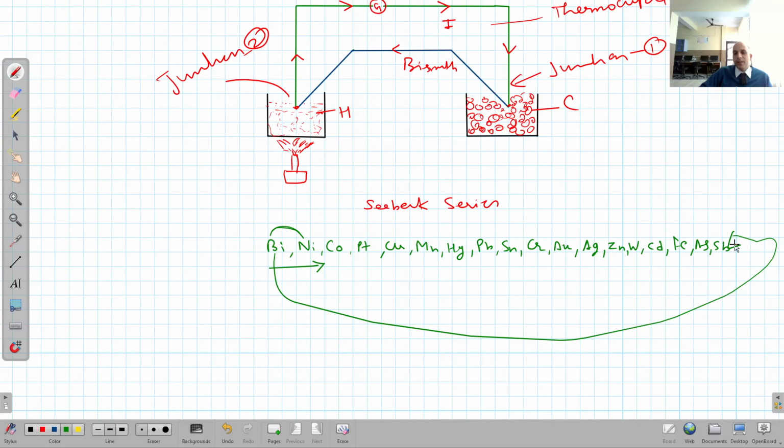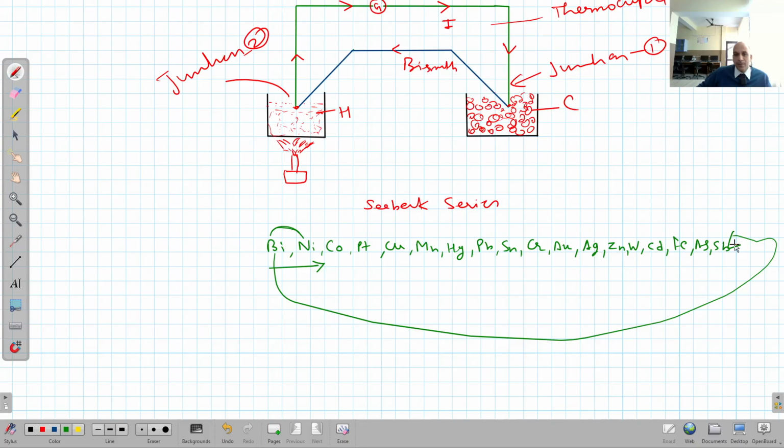One important feature of this series is that when you make a thermocouple of this series in this order, the flow of electric current at the hot junction will be in such a way that it will go from the metal that comes earlier to the metal that comes later.